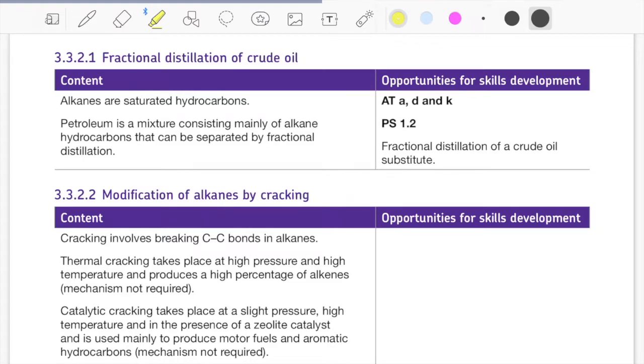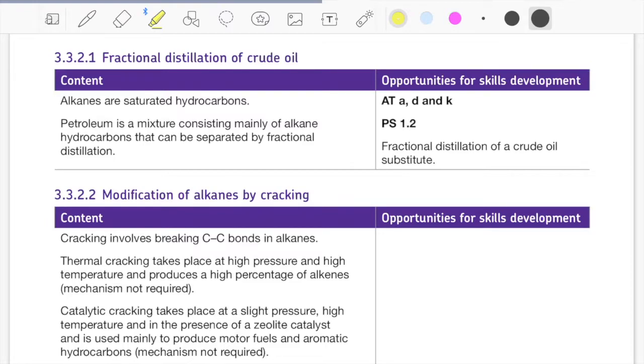Before we look at the actual fractional distillation, where you're going to see a picture of a fractionating column very similar to the one you would have seen at GCSE, we're just going to consider first something that isn't particular to A level, and that is why and how they have a difference in boiling point.